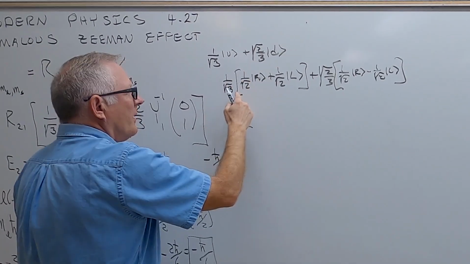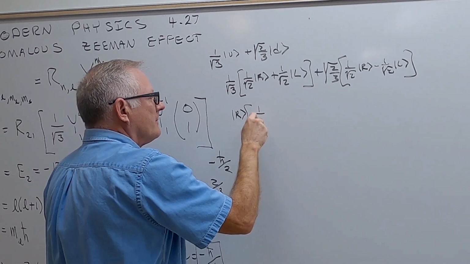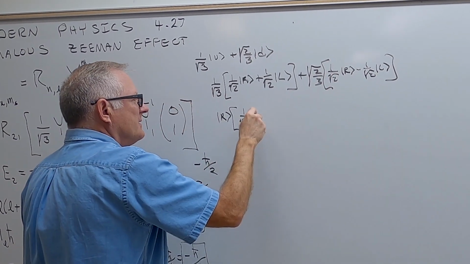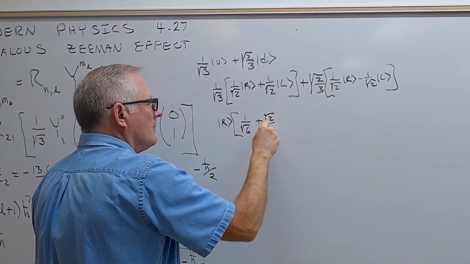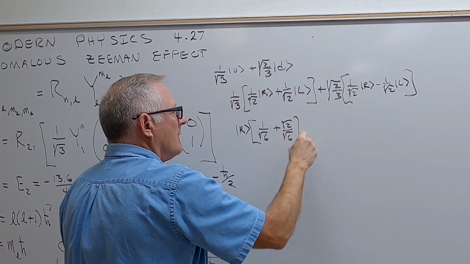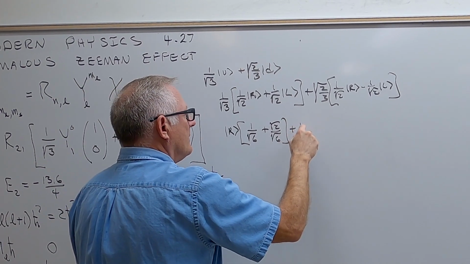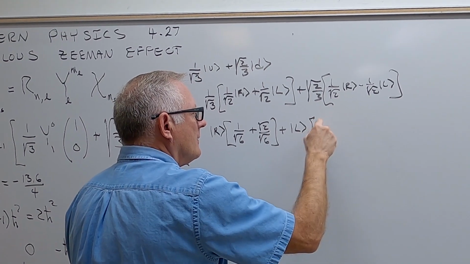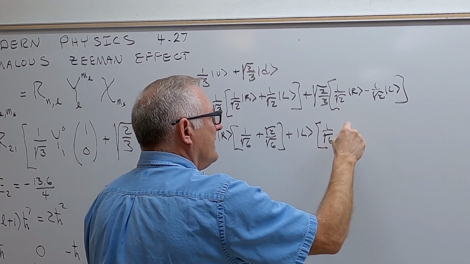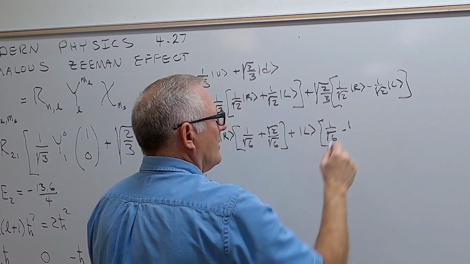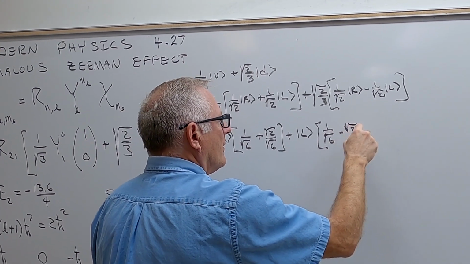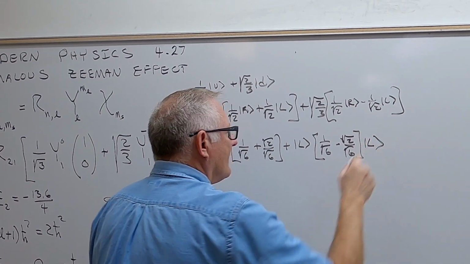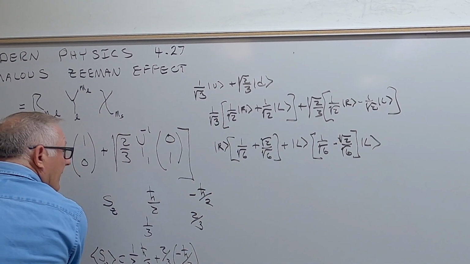And you'd have 1 over the square root of 6 plus the square root of 2 over the square root of 6, right, plus left, 1 over the square root of 6 minus the square root of 2 over square root of 6. Oh, sorry, I already pulled the left in there.